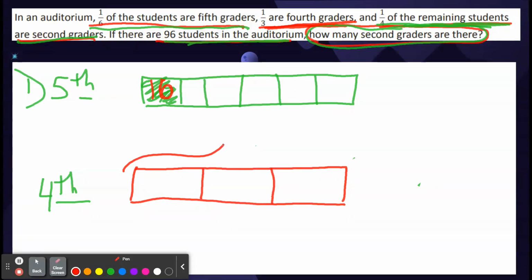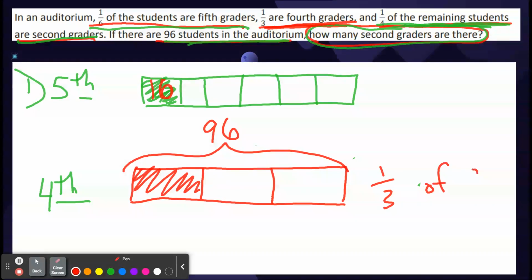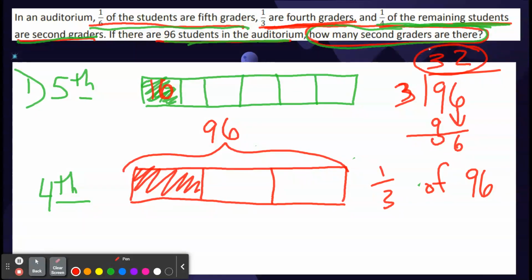Now I know that my whole number of students is 96 in the auditorium, and 1/3 are fourth graders. So I can find out how much is 1/3 of 96 by dividing 96 by 3. So 32 fourth graders.